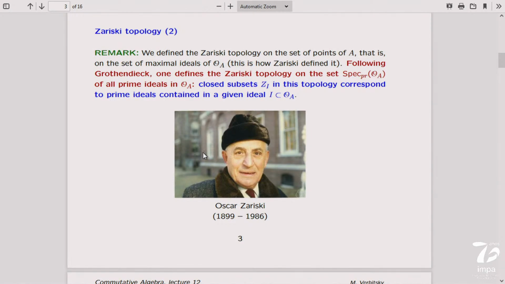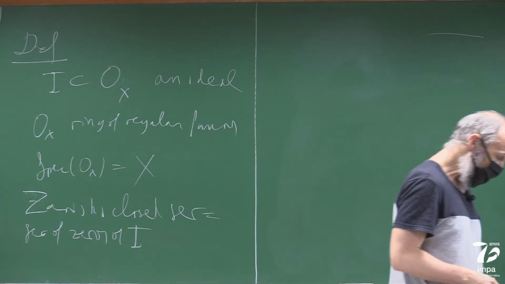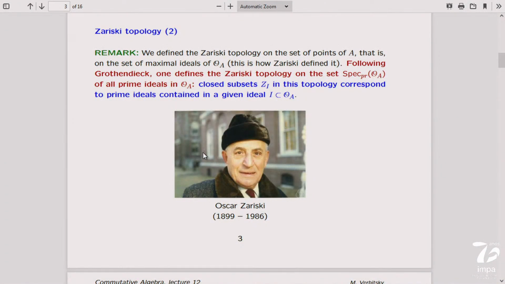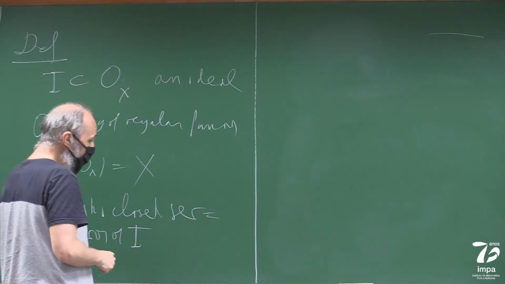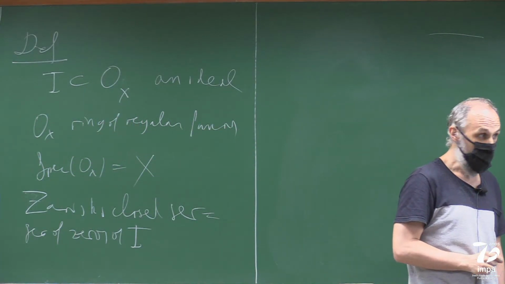The Zariski topology is mostly due to Grothendieck, who defined it using different spectra. This is something important. What I'm doing is slightly misleading, because when I say spectrum, I mean the algebraic variety, and in fact its points are maximal ideals.